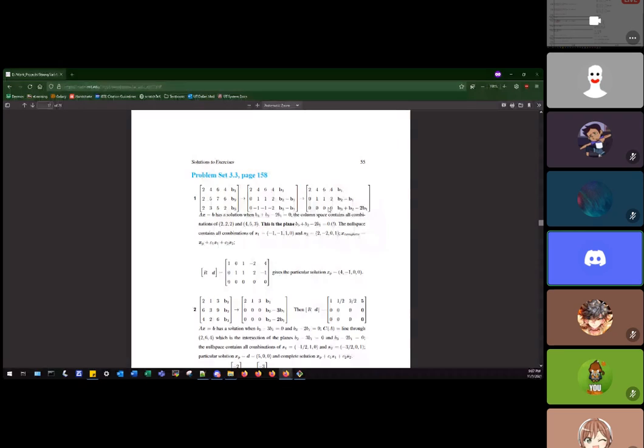If you look at problem number 3.3a worked example, they have augmented it. It's a similar question. It's on page 154 at the bottom. Yeah, I see it. Okay, so this is the way they did it.